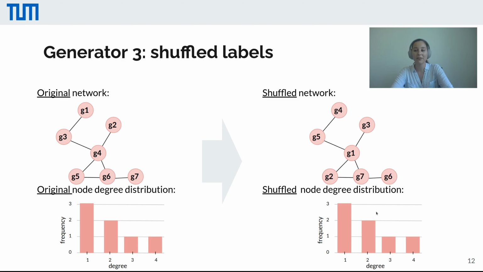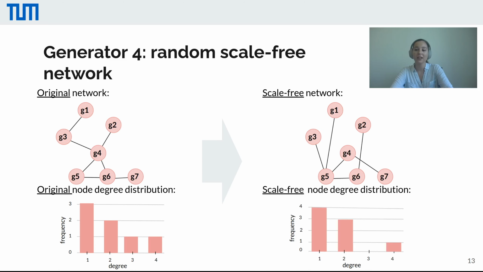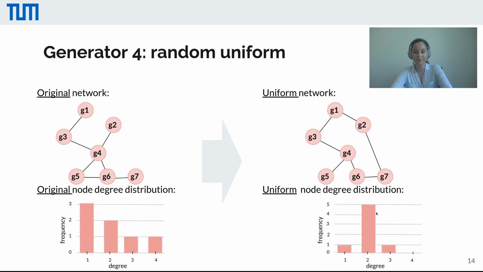Then we shuffle gene IDs in a network such that the node degree distribution stays the same, but the hubs are changed. The next permutation was based on just generating a random scale-free network and randomly assigning gene IDs to it. And the last generator generated a random network where each edge had a uniform probability of existence.